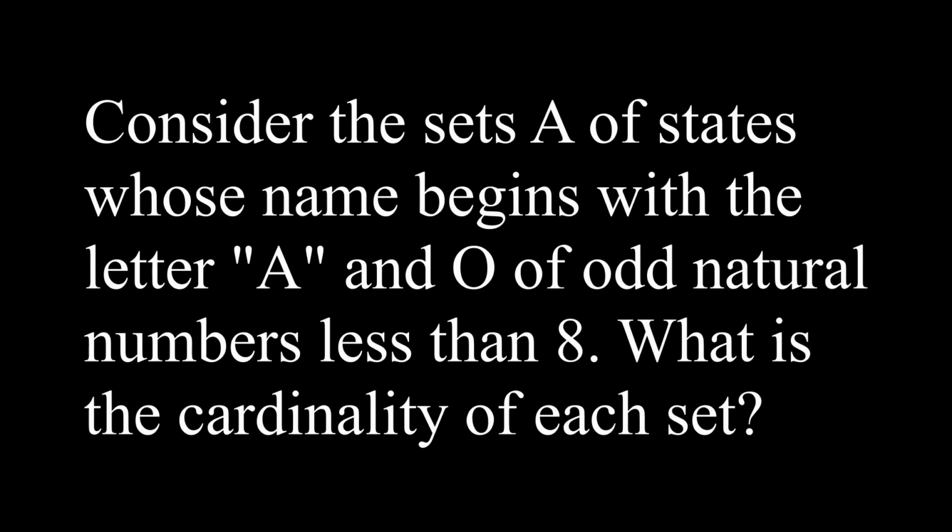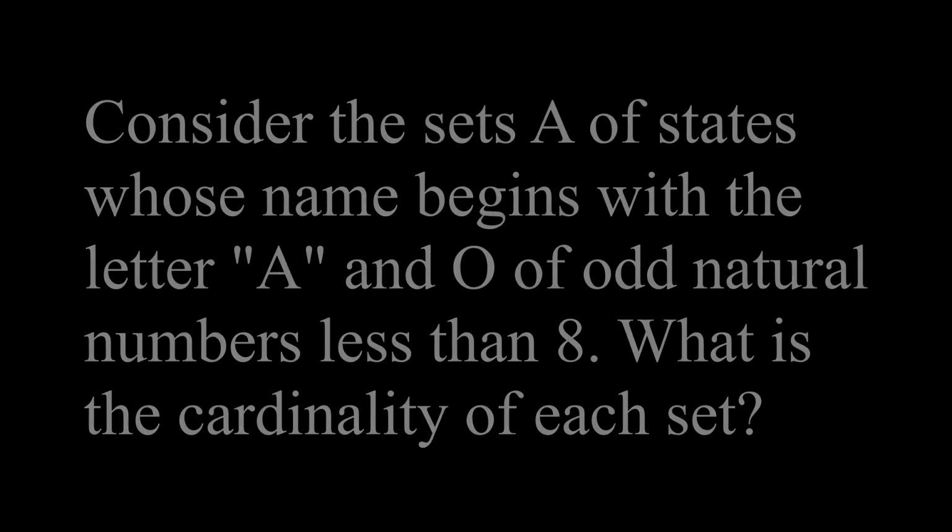So let's think about this in the context of an example. Let's say we have two sets, where our sets are the set of states beginning with the letter A, and the odd natural numbers less than 8.